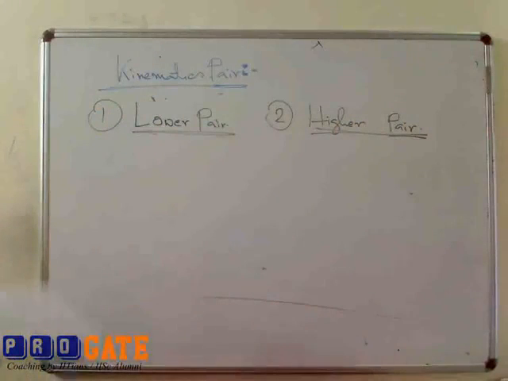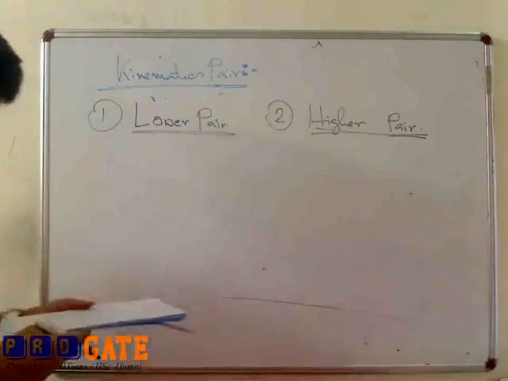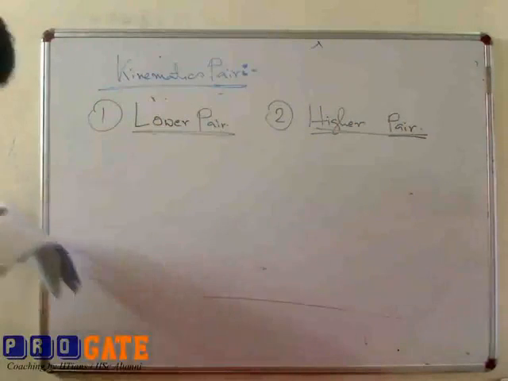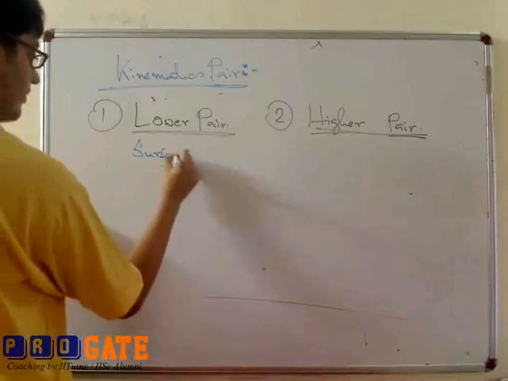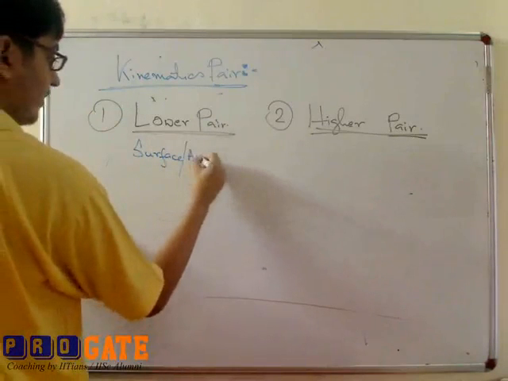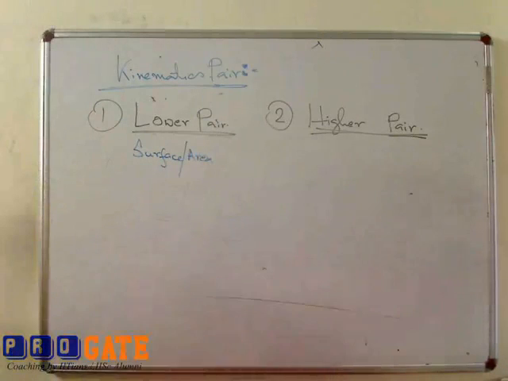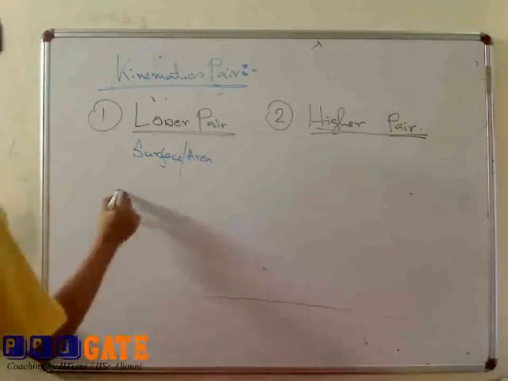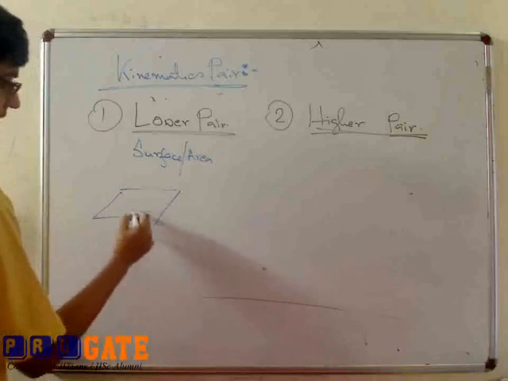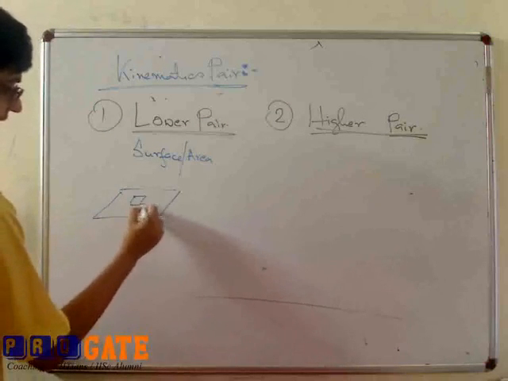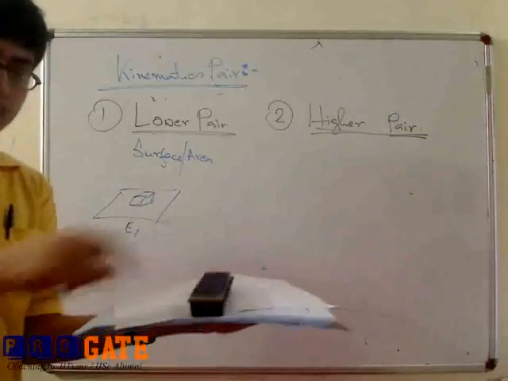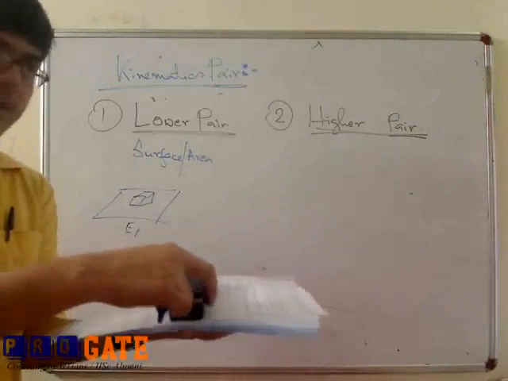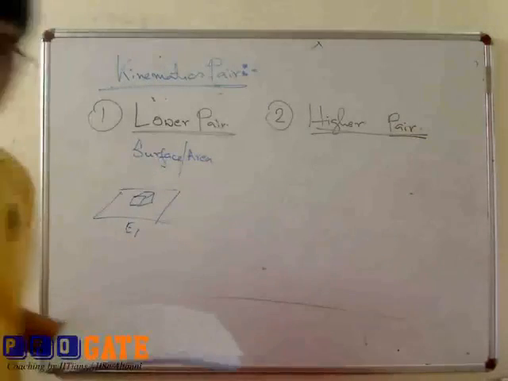When the contact between the two elements is surface or area contact, then this is known as lower pair. Surface or area contact means, say this is element 1, this is a rectangular block, so this is the surface or area contact. So this is known as the lower pair.